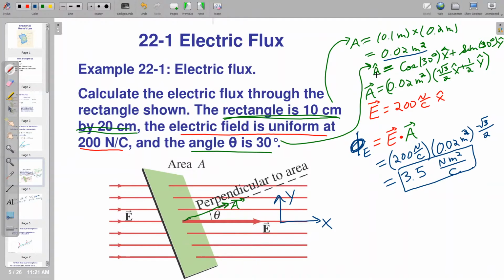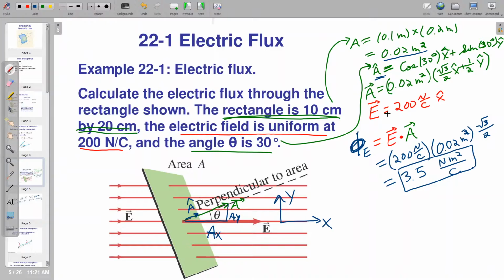The area unit vector is given here. The cosine of this angle gives the x component, and the y component is the sine of this angle, times the overall area A. So the unit vector here is pointing along this direction, out normal to the surface.